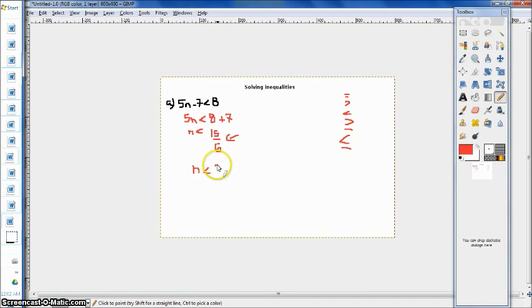Divide n by 5, divide 15 by 5, so n is less than 3. And this is my solution.